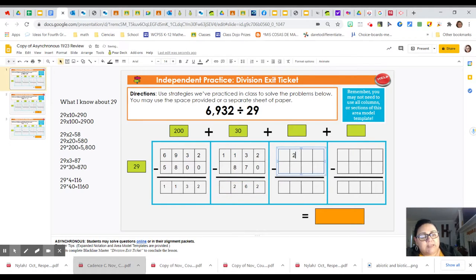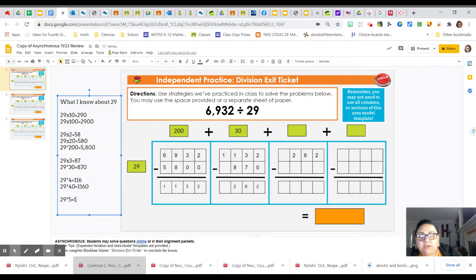So that means that we will keep looking for groups of 29. So how many groups of 29 are there in 262? So if I know that 29 times 4 equals 116, we know that 29 times 5, 20 times 5 equals 100, and 9 times 5, 45.